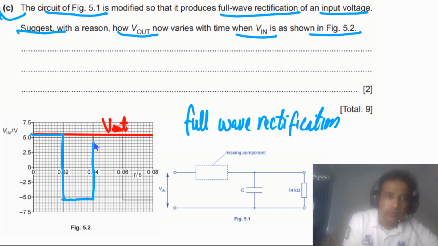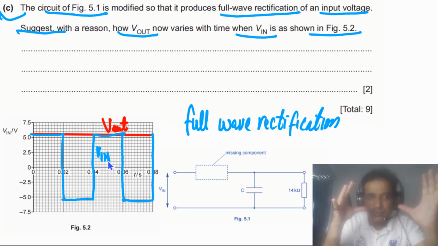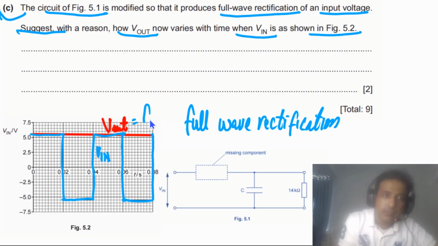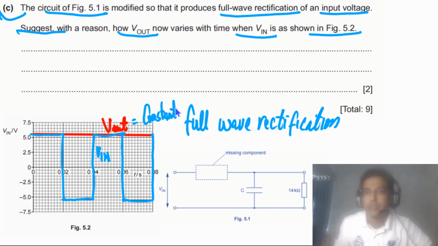That's the reason I want to draw this. The blue is representing V in and the red is representing V out. I hope you can see the difference between V out and V in. So simply we can say this one is constant now.